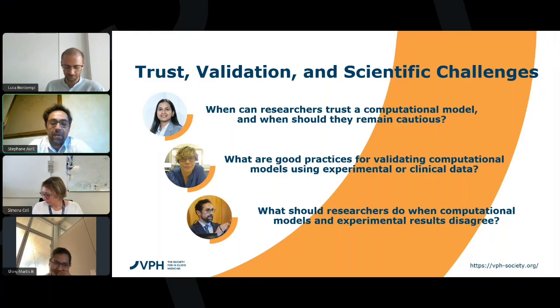So I think in terms of more academic research, a disagreement between experimental results and computational models should be seen as something positive. This is where there is a discovery to be found and new things to be understood. It doesn't mean that it's easy, but at least there is a lack of understanding, and this is what research is meant for.